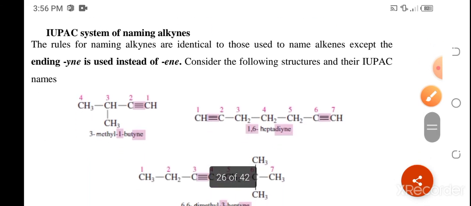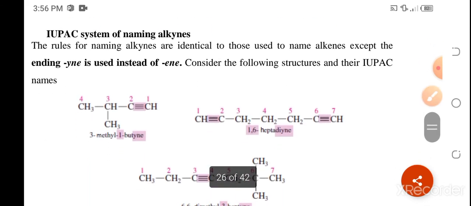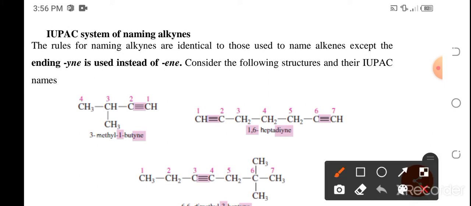Okay, for the IUPAC naming system, the rules for alkynes are similar to those of alkenes. The difference is that instead of using ene as a suffix, we are now using the ending yne. And still the rule, you have to choose the parent chain with the triple bond.